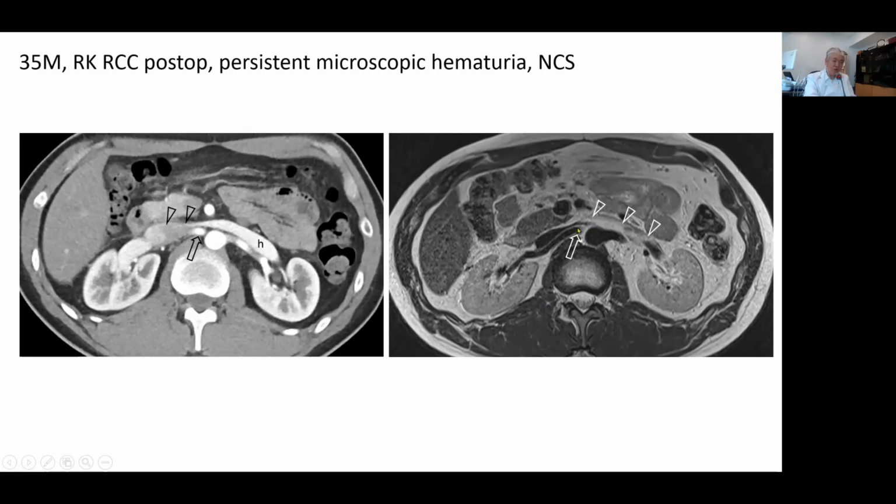So when you see MRI images of the abdomen, please look at the signal intensity of the left renal vein. If you find this kind of high signal intensity in the hilar left renal vein, then please look at the patient's urinalysis report for microscopic hematuria or proteinuria.